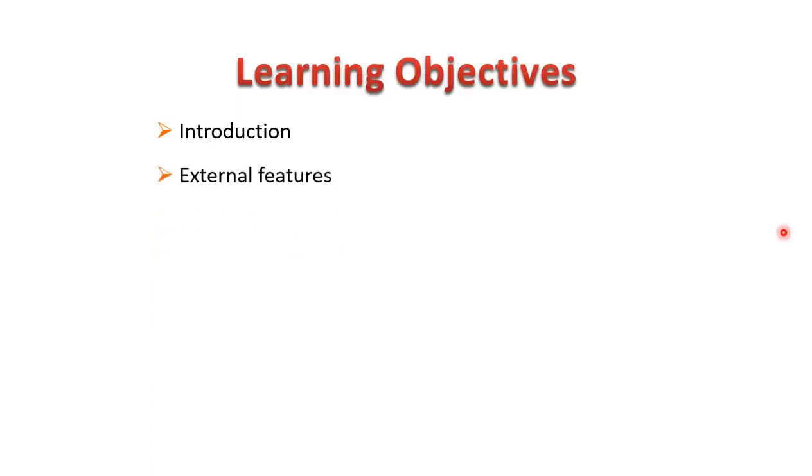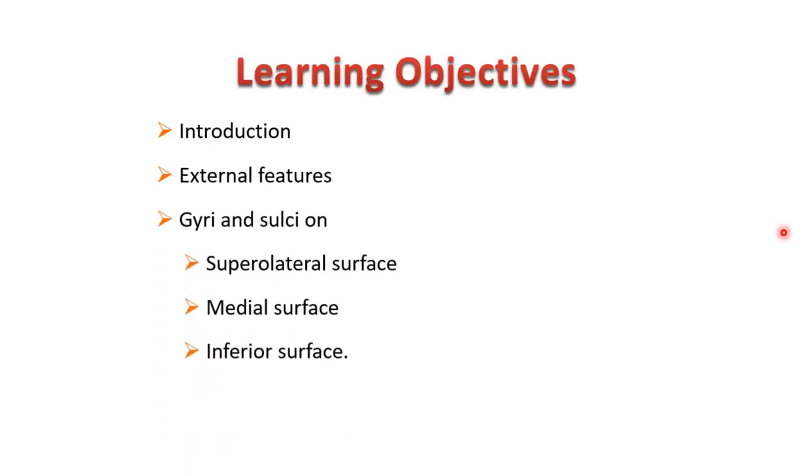What are the various surfaces and borders, and how do you superficially appreciate the structures present on the various surfaces. Then in detail we are going to learn about the gyri and sulci on all the surfaces of the cerebrum or cerebral hemisphere. And in the later part of this lecture we will also discuss the functional areas of the cerebral cortex.